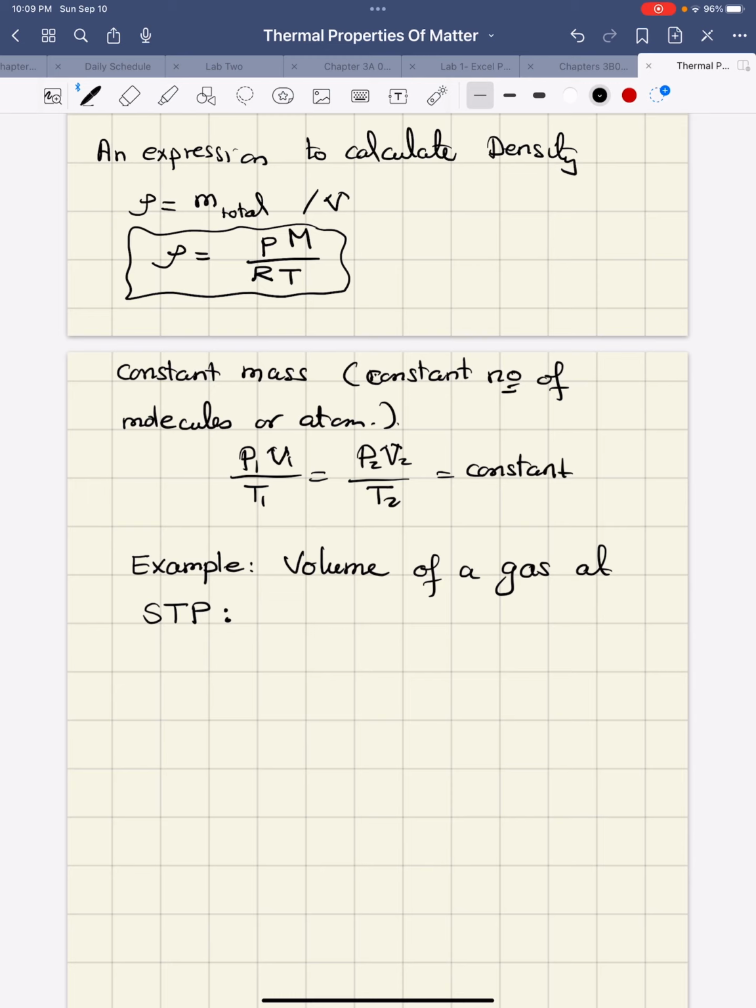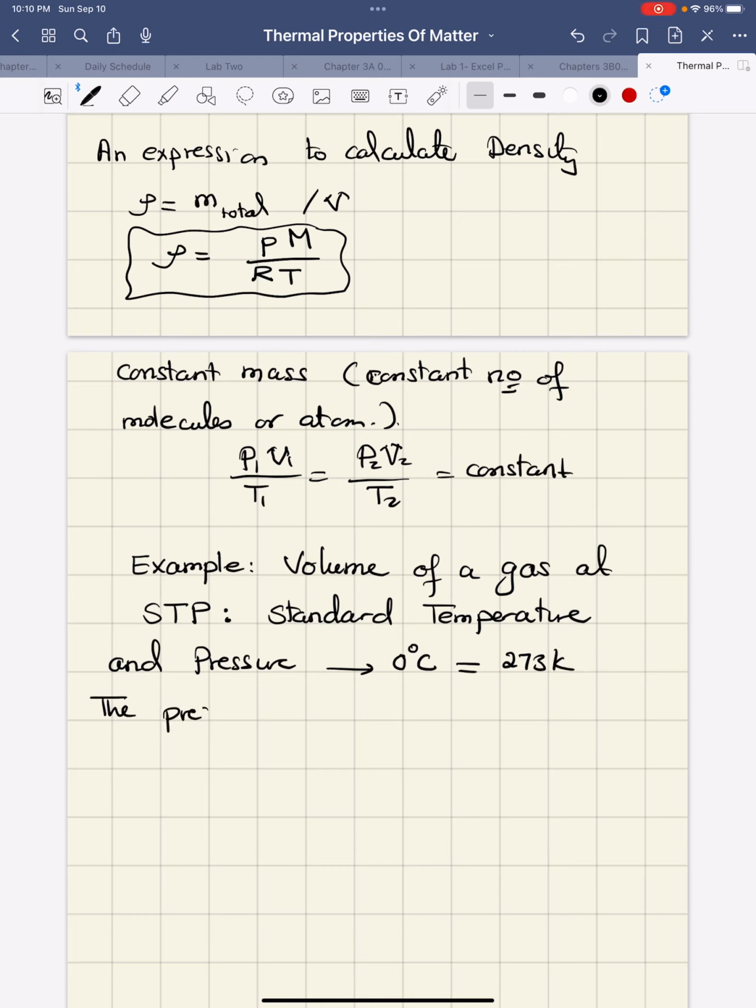STP stands for standard temperature and pressure. That means the temperature is 0 Celsius, which is 273 Kelvin, and the pressure is 1 atmosphere, which is 1.013 times 10 to the 5 pascals.